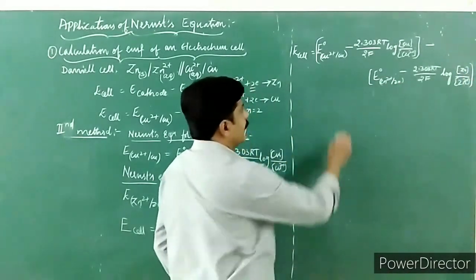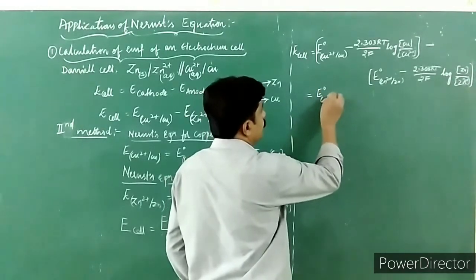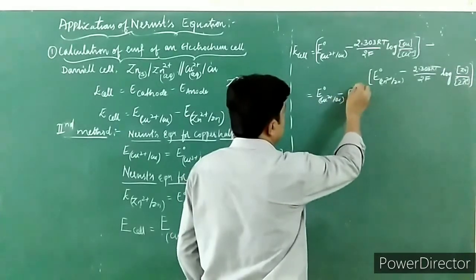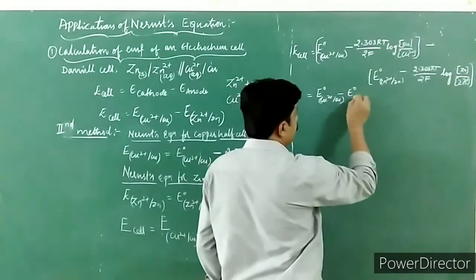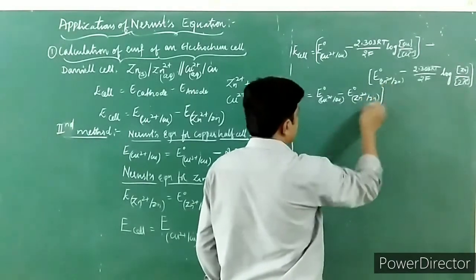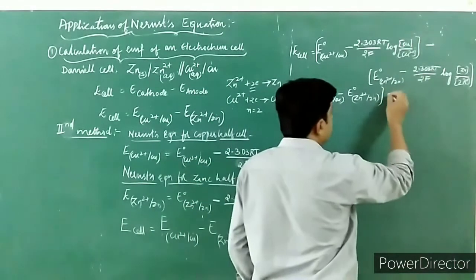Hope you are getting. Look at here, E naught Cu2+ | Cu minus E naught Zn2+ | Zn. Is it not? Hope you are getting. Now I'll remove the common here.